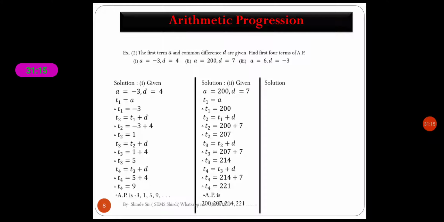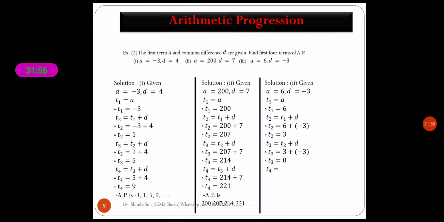Now in the third example, given a is equal to 6, d is equal to minus 3. Here t1 is equal to 6. Now t2 is equal to t1 plus d, so t2 is equal to 6 plus minus 3, which is 3. Now t3 is equal to t2 plus d, therefore t3 is equal to 3 plus minus 3, so t3 is equal to 0.